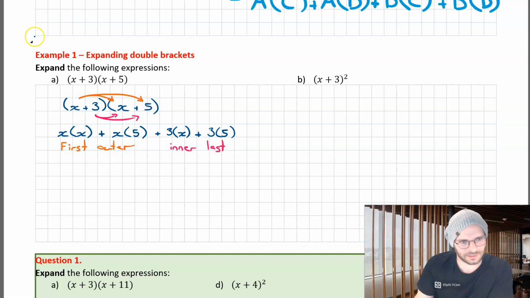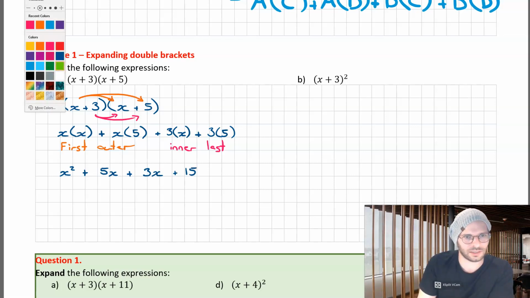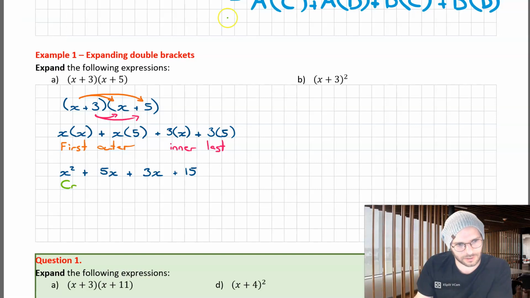Next step down, we do the actual multiplication, so x times x is x squared, plus x times 5 is 5x, plus 3 times x is 3x, plus 3 fives are 15. Next step, we need to do something called collect like terms. You would have heard your year 8 and year 9 teachers say this all the time.